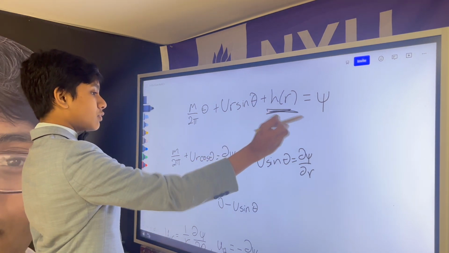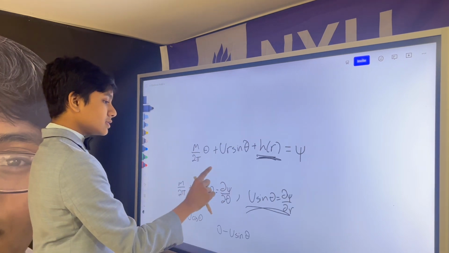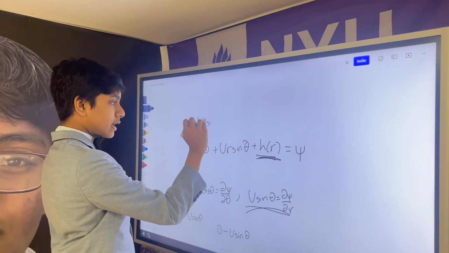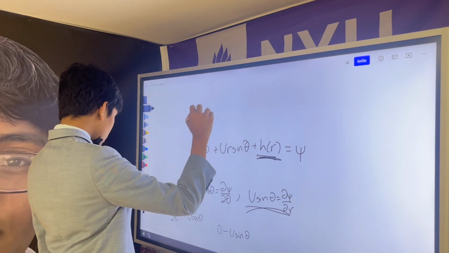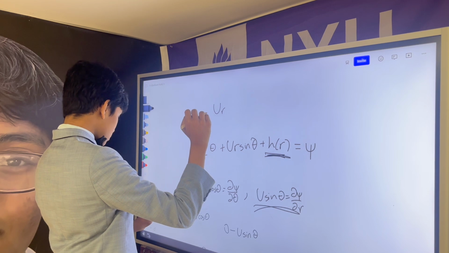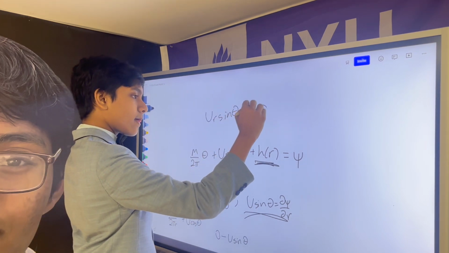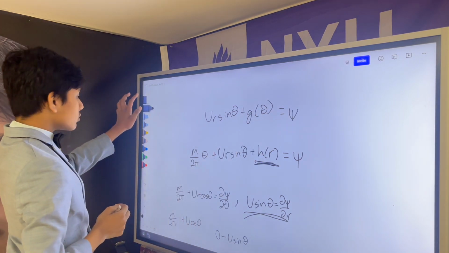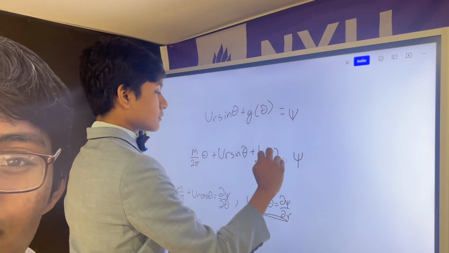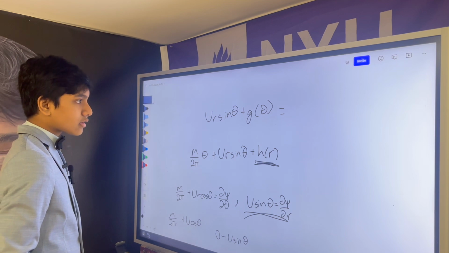But how do we know what this is? Well, by solving this equation. This will give us u r sine theta plus g of theta, which is equal to psi as well. Now we set these equal to each other and we find g of theta and h of r.